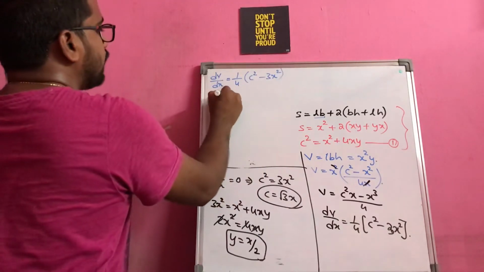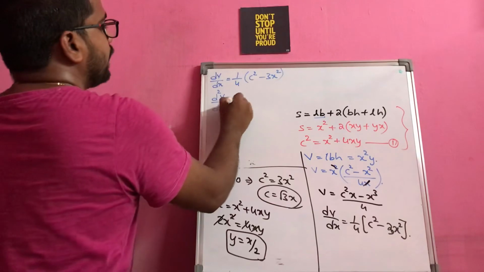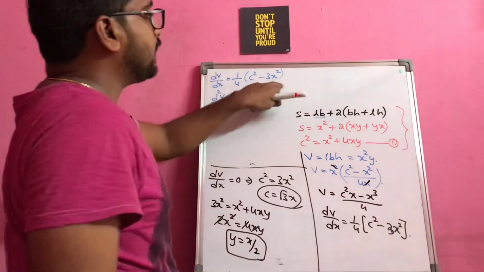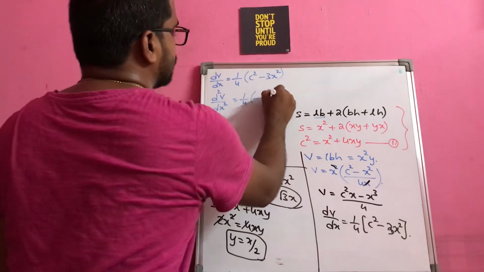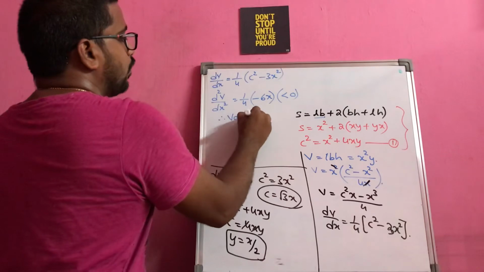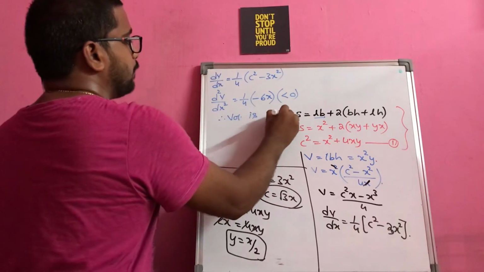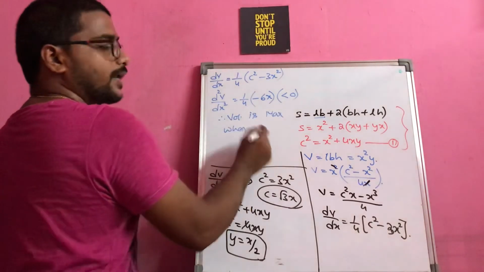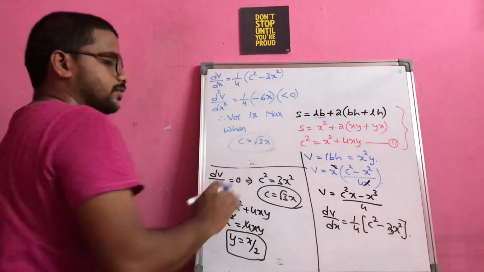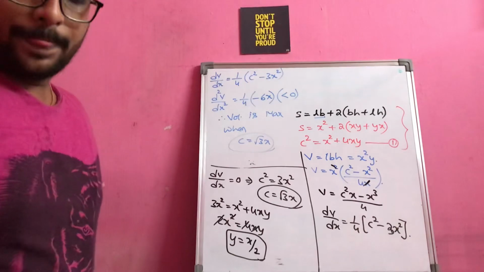So if I apply differentiation one more time, I will be getting 1 by 4, c square differentiation 0, minus 3x square differentiation is minus 6x, which is less than 0. So therefore, volume is maximum at the turning point, obviously, that is c is equal to root 3 x. Or you can write c square equal to 3x square, anything you can write.